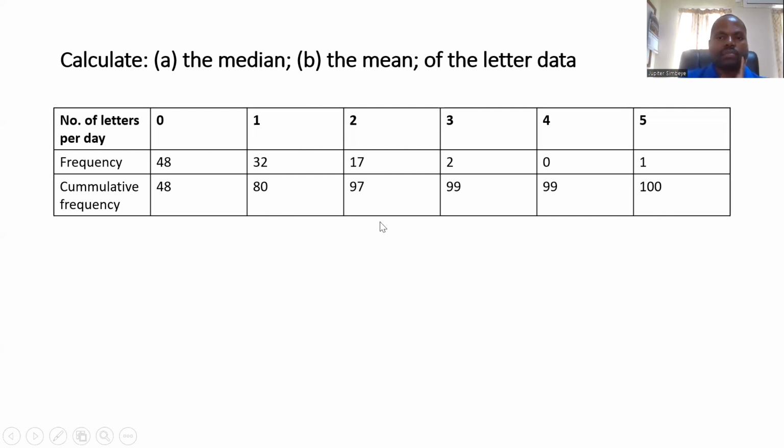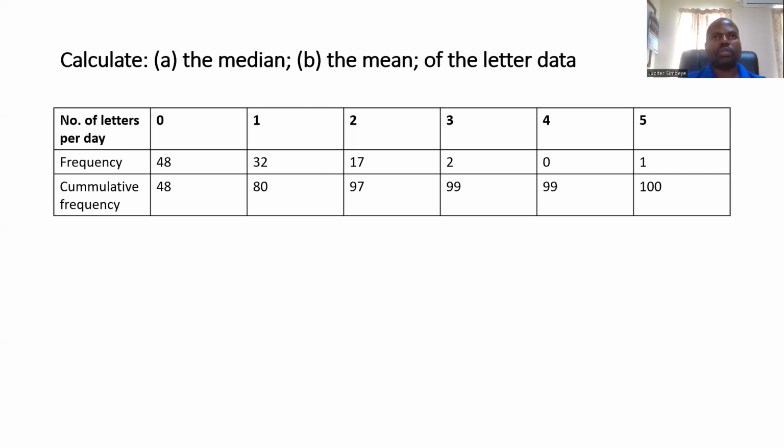So the median, what is the definition? Now, we know 100 is even. Therefore, if we arrange our numbers from the smallest, which is 0, to the largest, which is 5, we need to look at the 2 middlemost numbers.